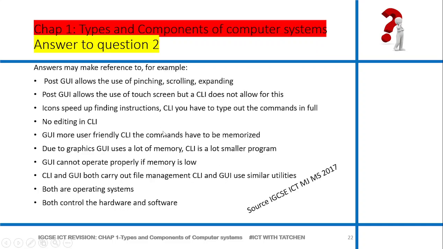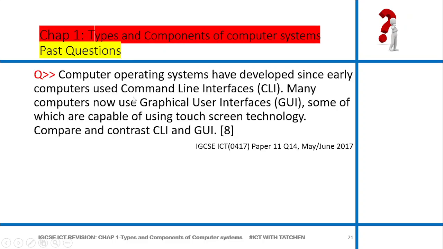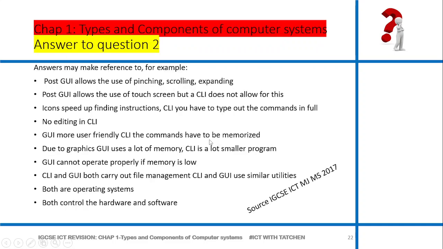So this is a sample answer extracted from a mark scheme. So any of these points here, but always in this kind of questions, if it's let's say compare and contrast 8 points, make sure you give at least about 5 or 6 differences, and then probably 2 or 3 similarities, because the differences are more than the similarities.